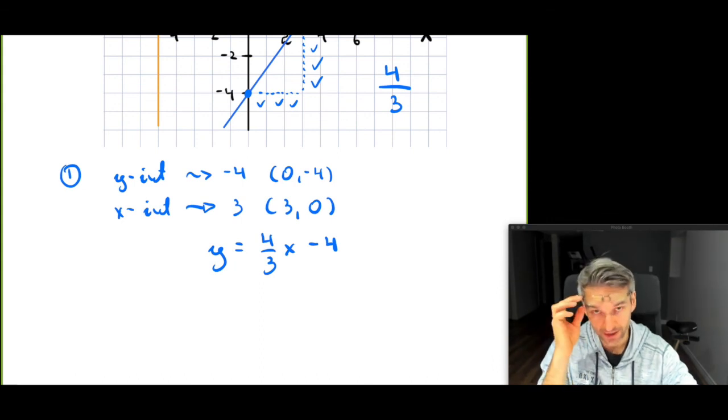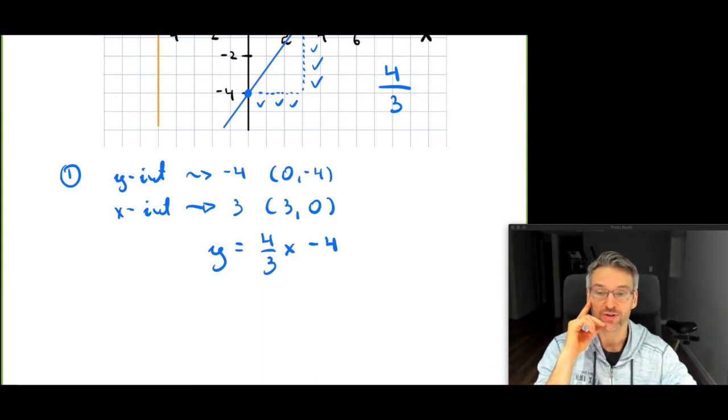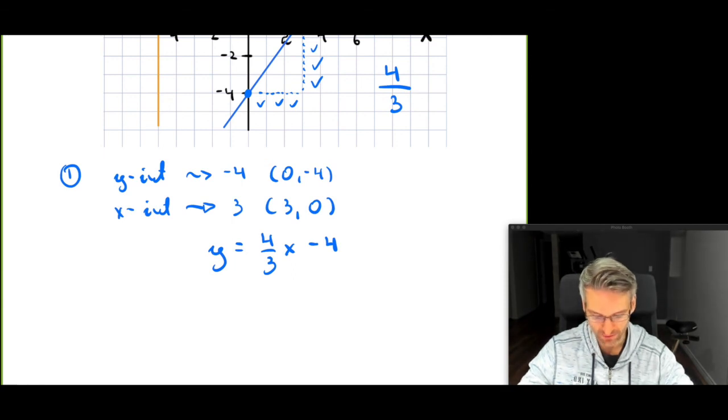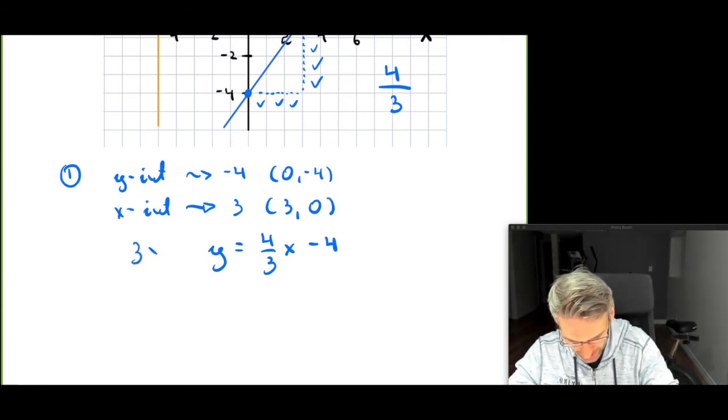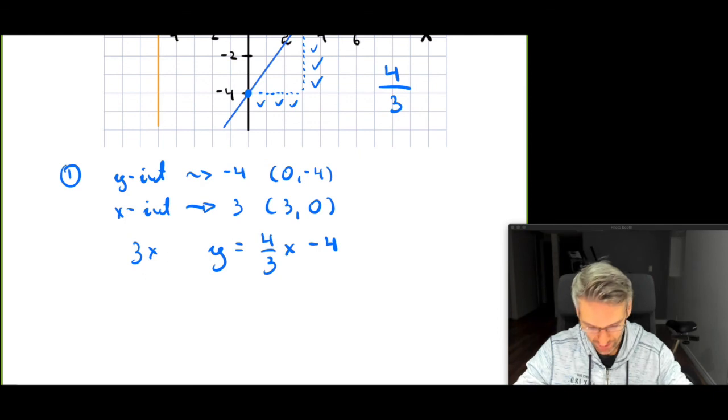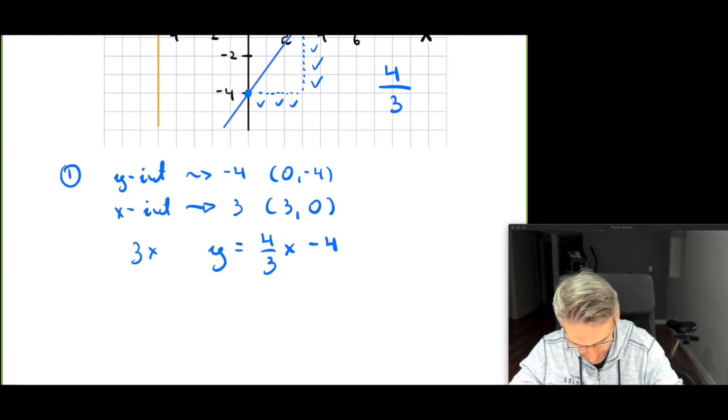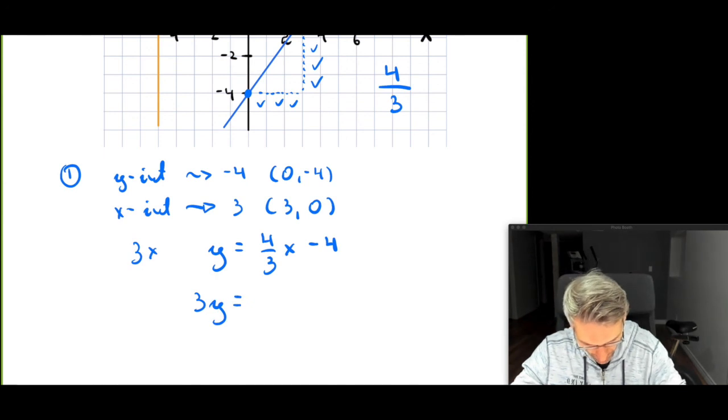I just like to have the coefficients be integers, or whole numbers. So I'm going to multiply this entire thing by 3 so that I get rid of that 3 in the denominator. So I'm going to multiply the left hand side, so that's 3y, and then my right hand side is going to be 4x minus, and 4 times 3 is 12, all right?